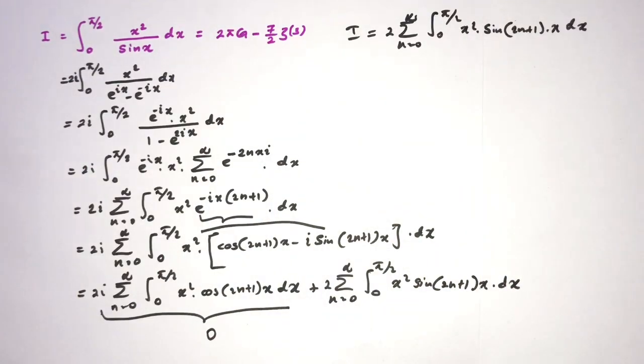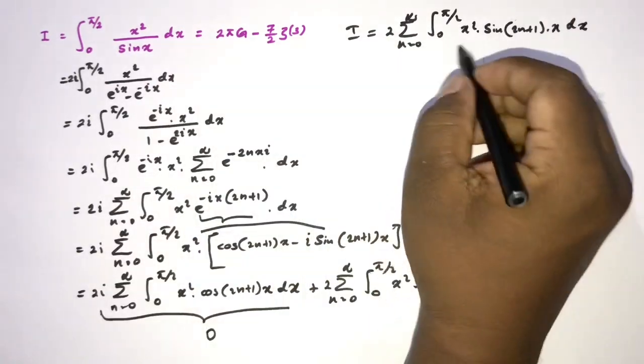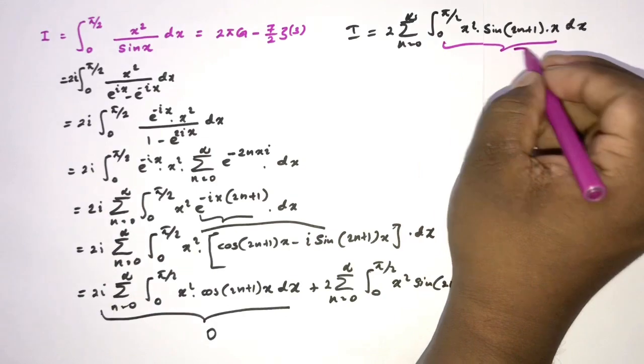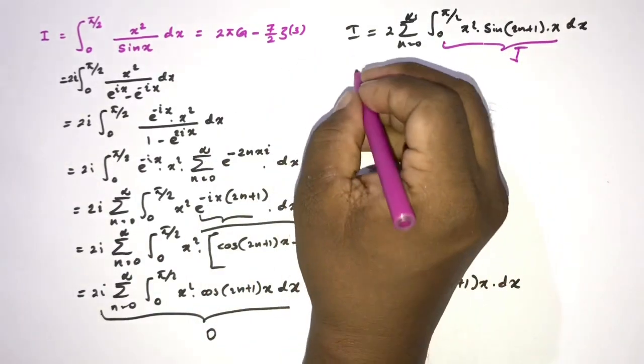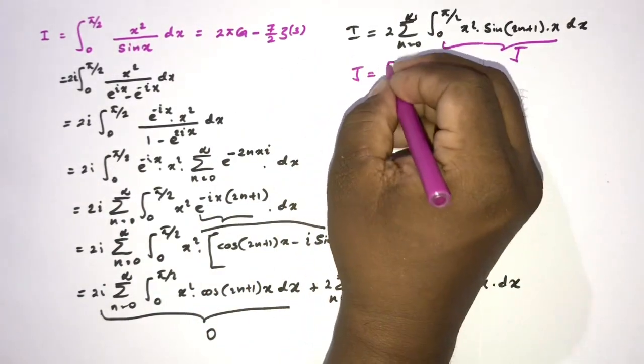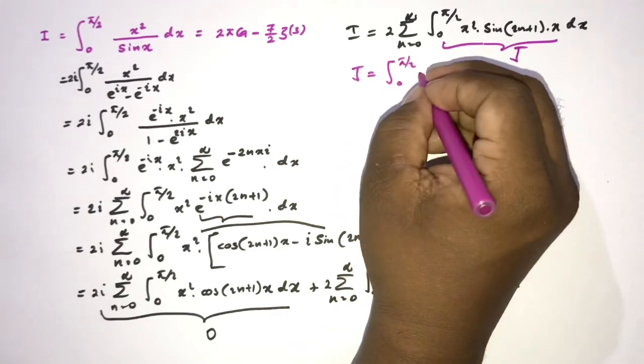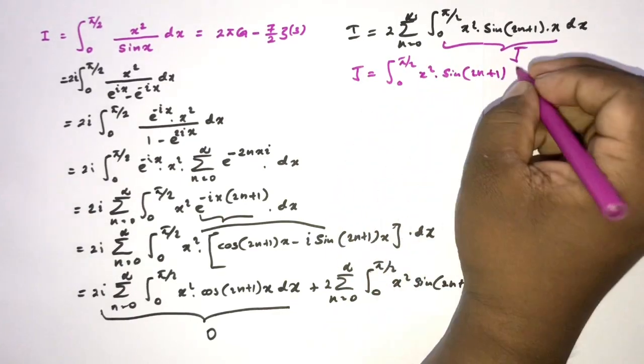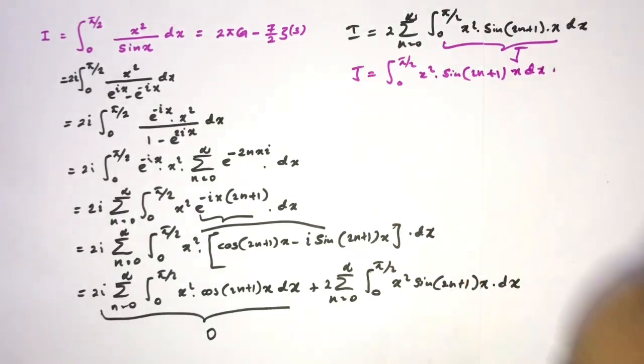Then how to evaluate this integral? Now we can take this integral equal to J. So J is equal to the integral from 0 to pi over 2 of x squared times sine of 2n plus 1 times x dx.